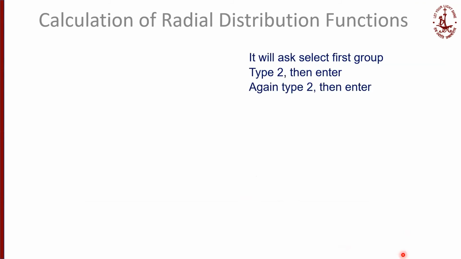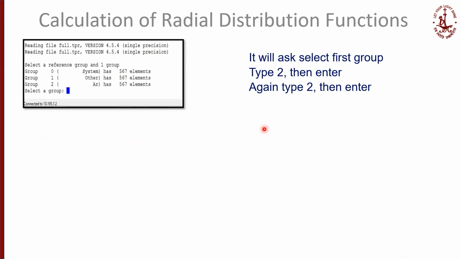It will ask you to select two groups, between which two groups you want to calculate the radial distribution function. So here you have 0, 1, 2. All the groups are the same because you have only argon atoms. So you can type 2 and 2, or 1 and 2, or 0 and 2, whichever combination you want.